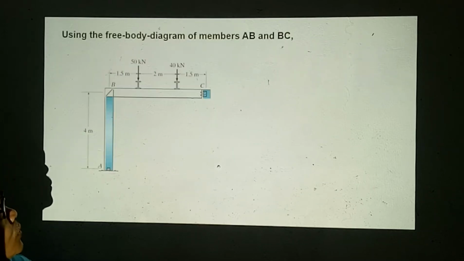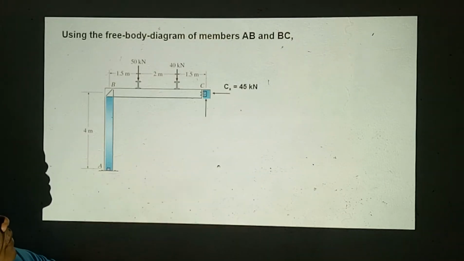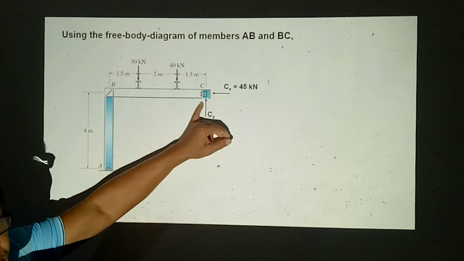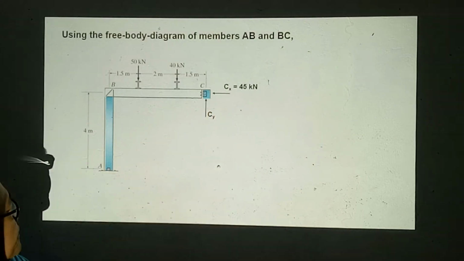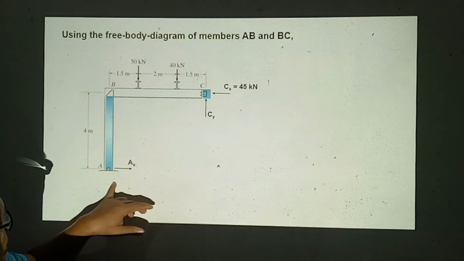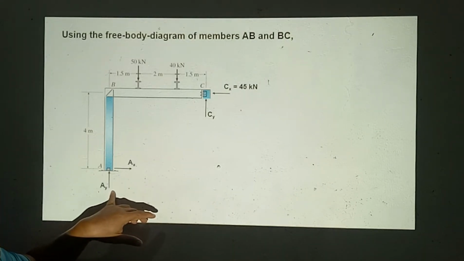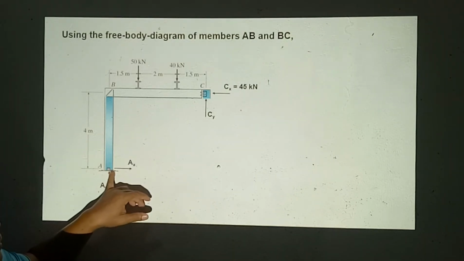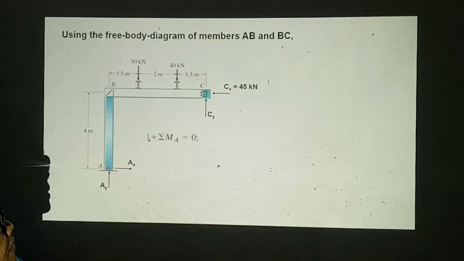We go next to members AB and BC. We have the computed value of Cx, 45 kN. We have Cy, this is yet to be determined, and then Ax and Ay. We can start at joint A and solve for Cy.